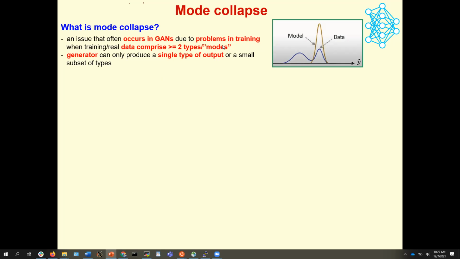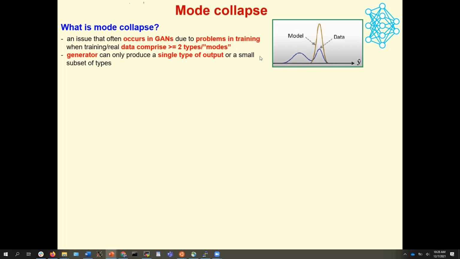The issue is that the generator can find a single type, or a few types, a subset of types of data that it can use to fool the discriminator.